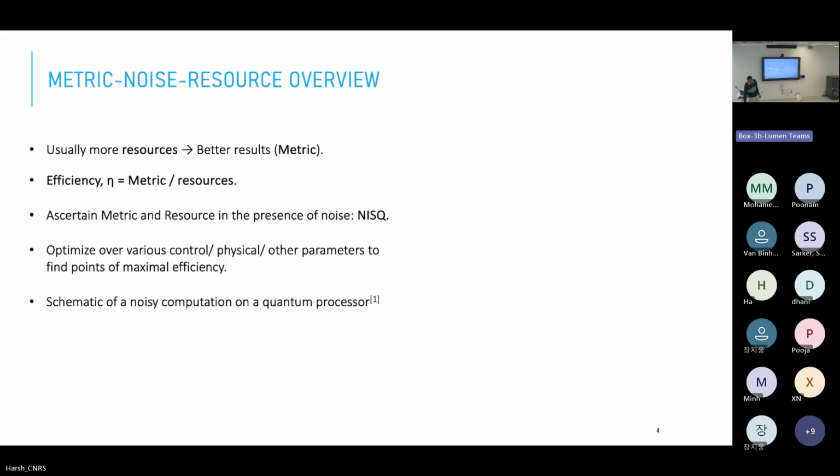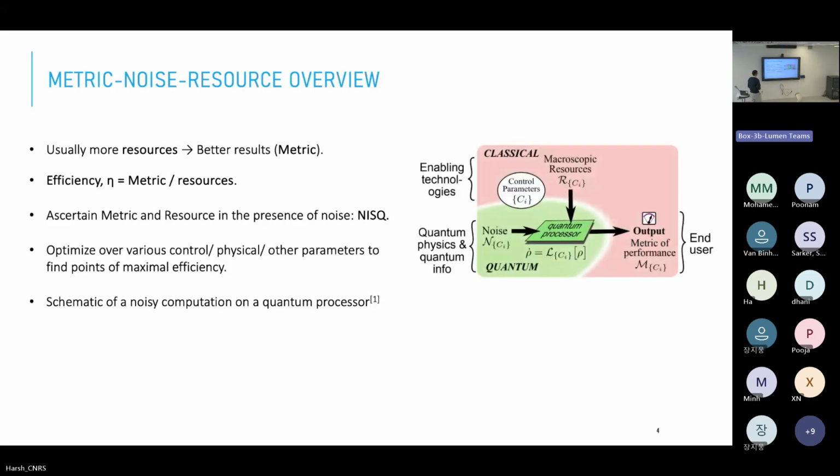So these questions can be formalized into an MNR kind of problem, where the question is, how does noise, which is a function of the control parameters c_i, affect a certain calculation which happens in the quantum part? And how does the metric of performance, or a certain measure of how well you have done the task, look as a function of the control parameters c_i?